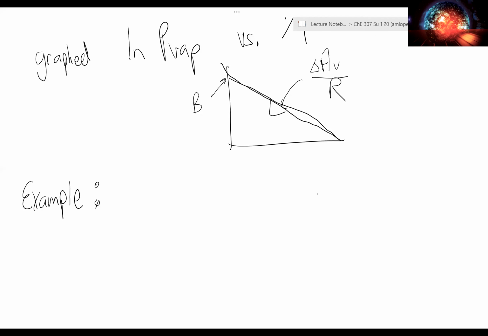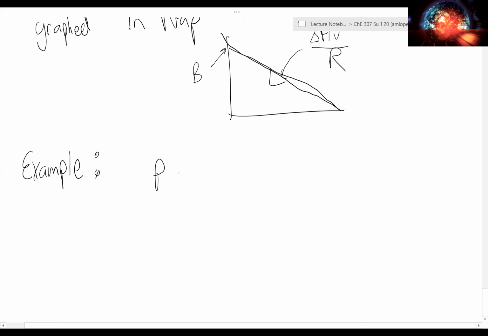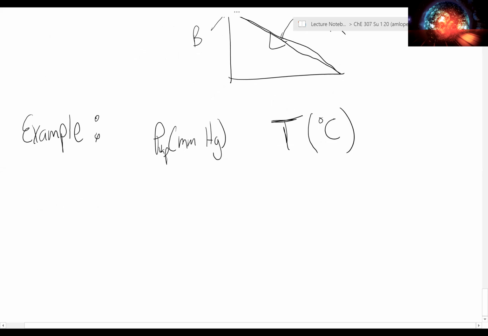So the data that we have is P vap in millimeters of mercury times T, which I believe is in C: 40, 60, 10, and 17.4.